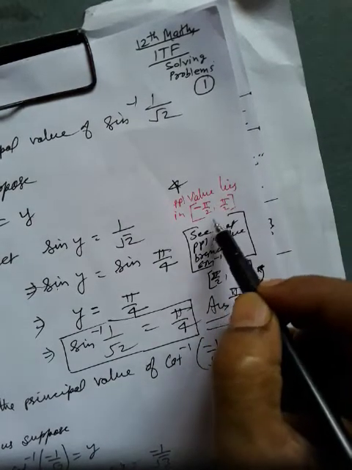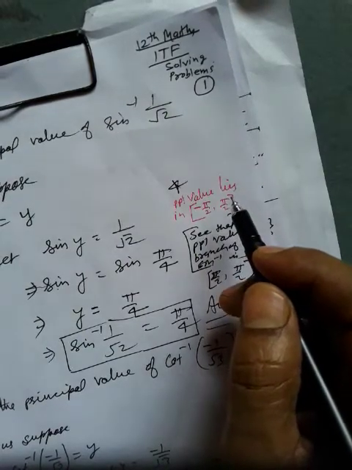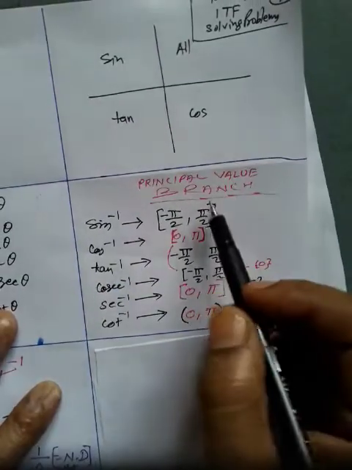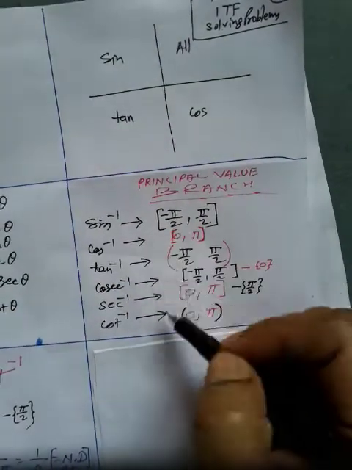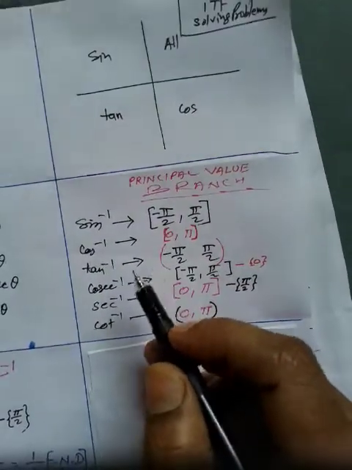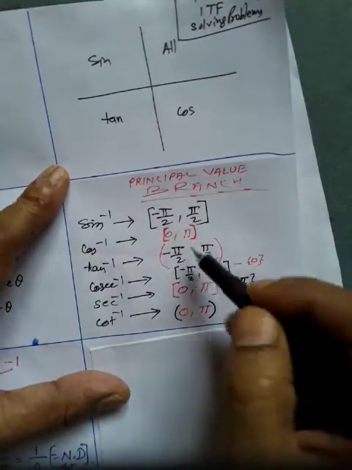Now see, you have to always keep this in front of you. Make it handy, make it a single piece and always put it in front of you. Here we have all the principal value branches.